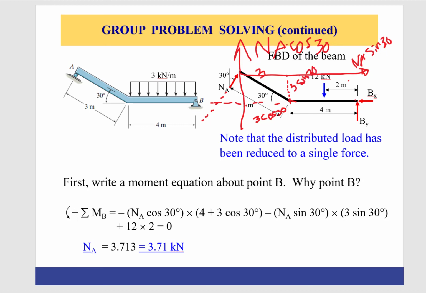So 3 sine 30 multiplied by NA sine 30 is going to give me a moment for this component, and that component again is clockwise, so it's negative. So overall you're going to have a moment for this NA, and this will directly give you the moment about A, and we will be able to calculate the reaction at A.